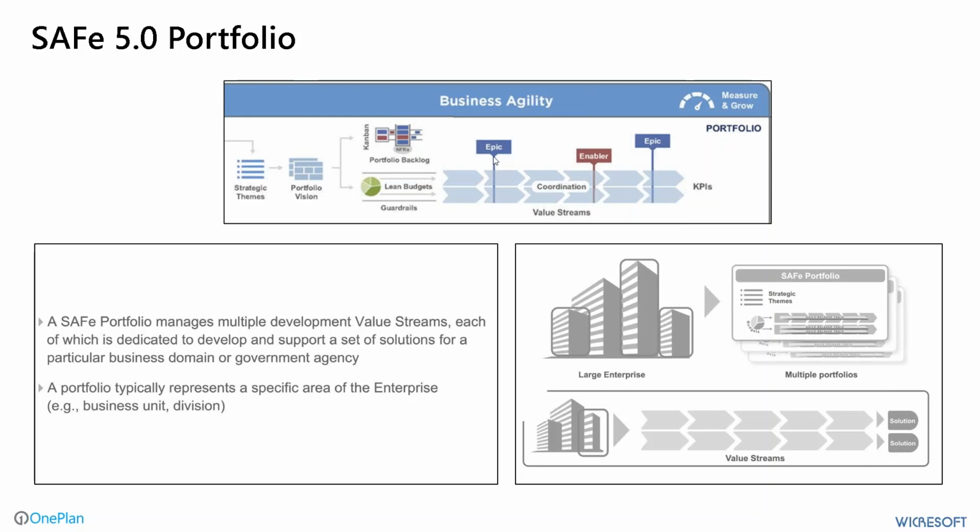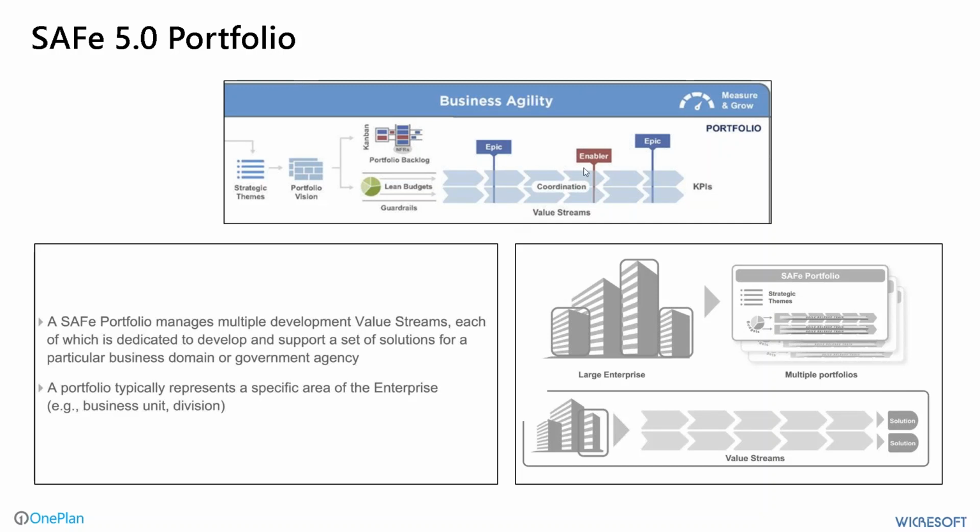Really, we're talking about aligning the definition of epics that are going to contribute value using specific tools and techniques in terms of how we define them, how we define the value they contribute, and the lean budgets and methods for budgeting, assigning to the portfolio value streams.